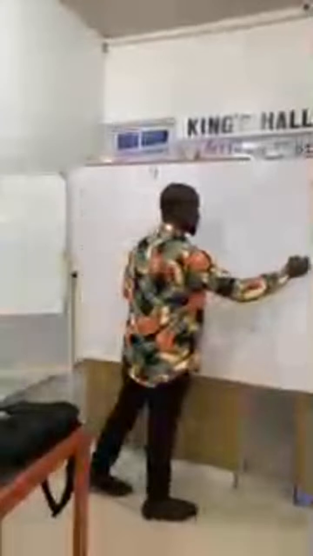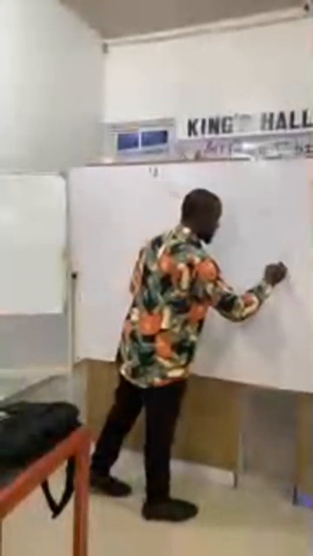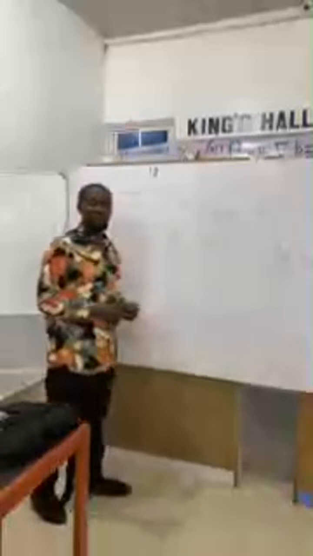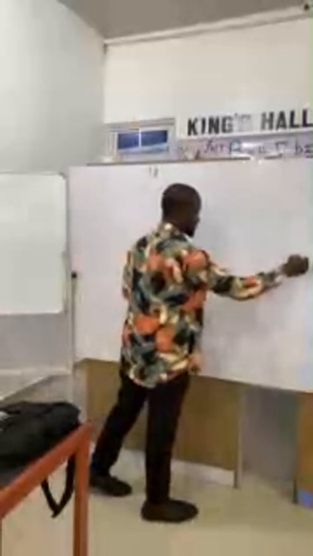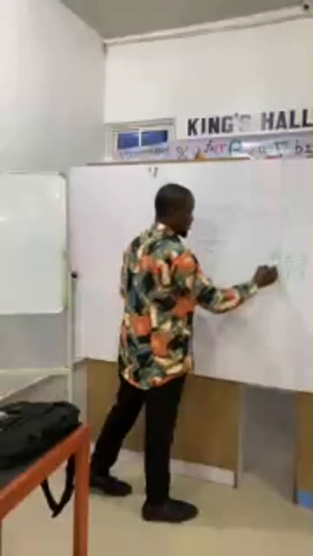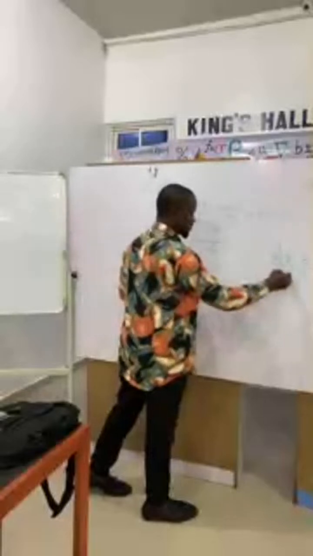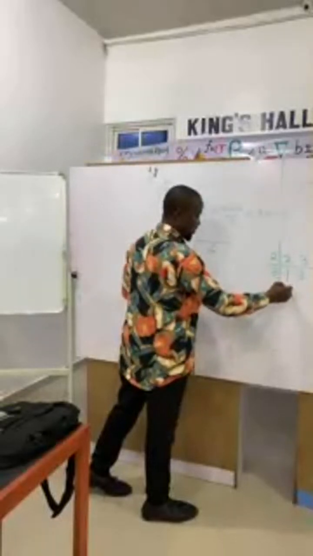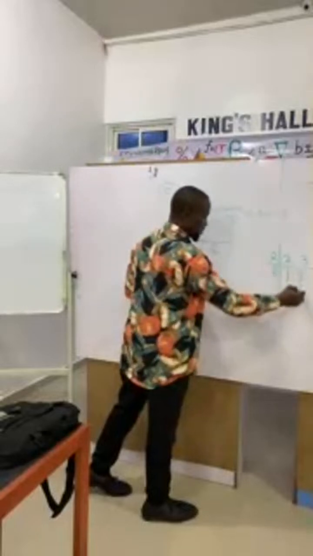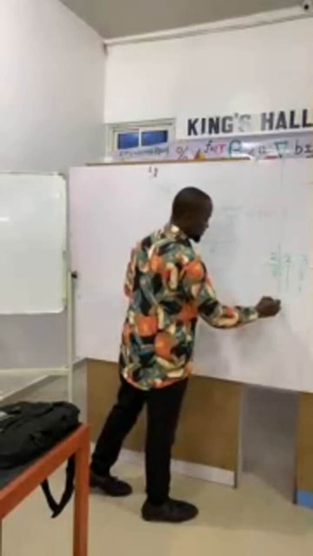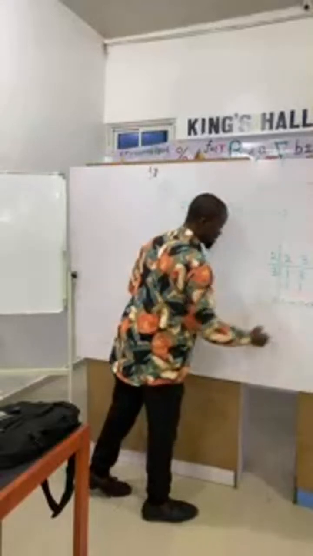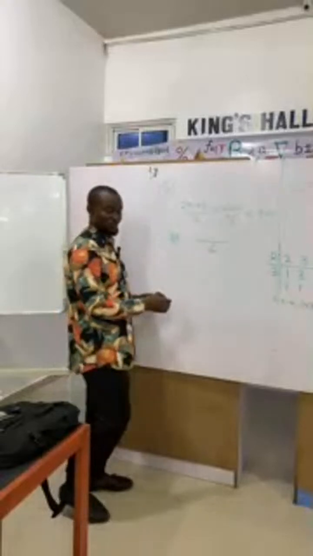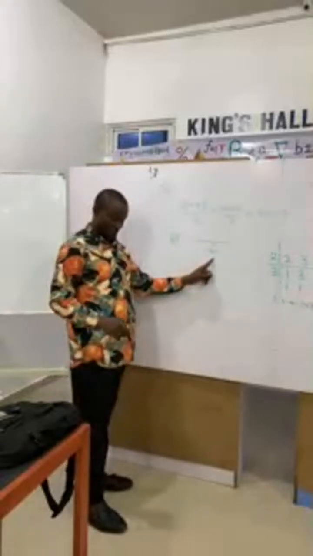You write your 2, write your 3, draw a line and come up with a common factor between the 2 and 3. 2 goes into 2 how many times? 1. 2 goes into 3 cannot, so you now use 3. 3 goes into 3 is 1. So the LCM equals 2 times 3, which gives us 6.